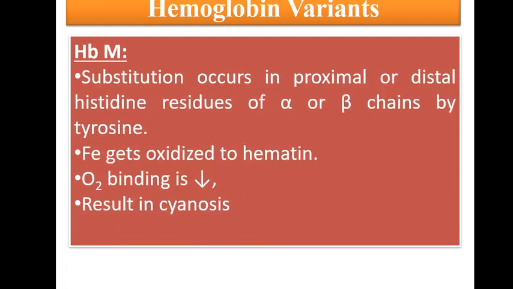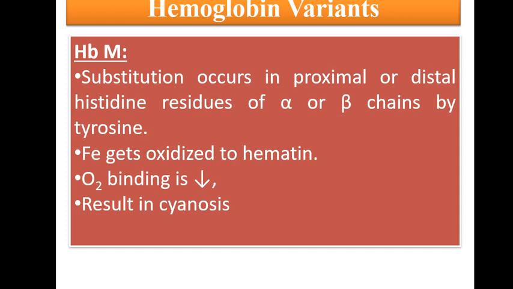Next variety of hemoglobin is the HbM variant. Here the substitution occurs in the proximal or distal histidine residues of the alpha or beta chains by tyrosine. What happens because of this substitution?